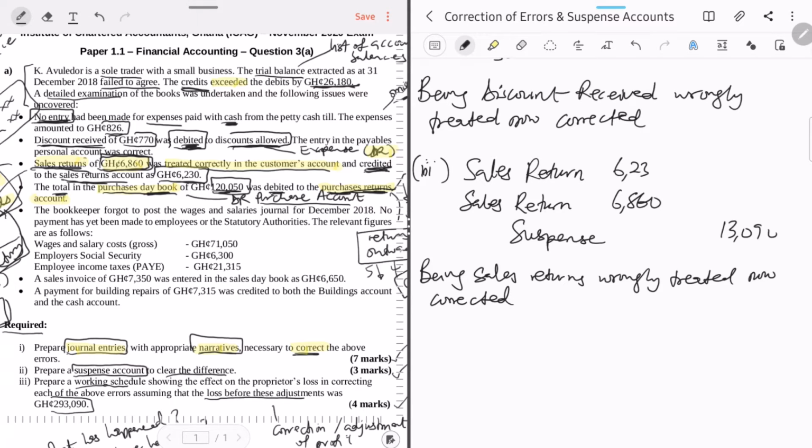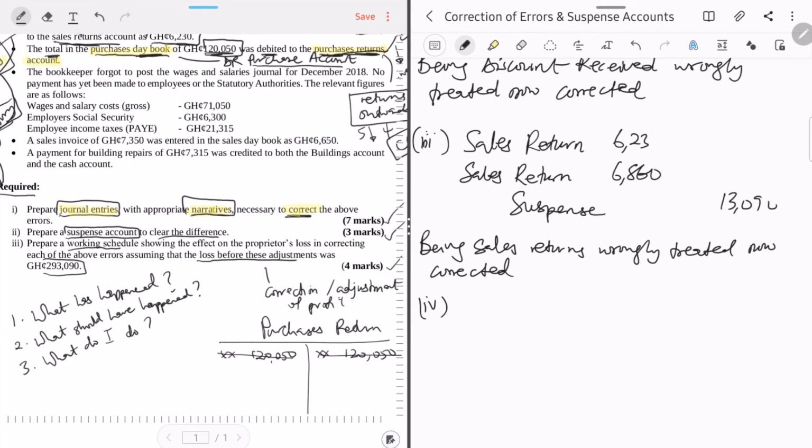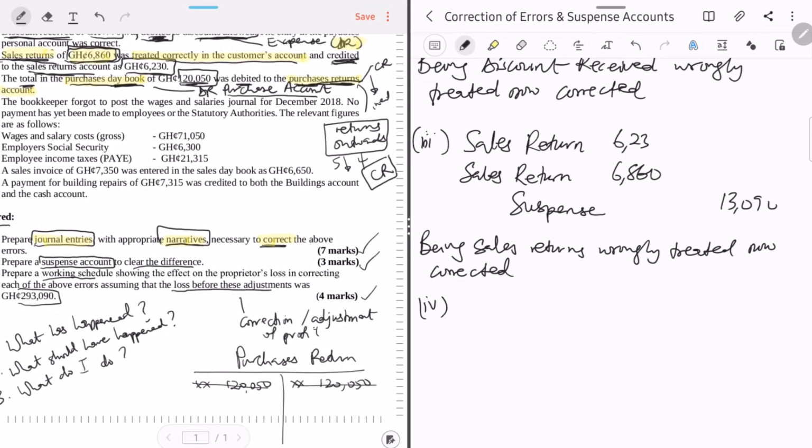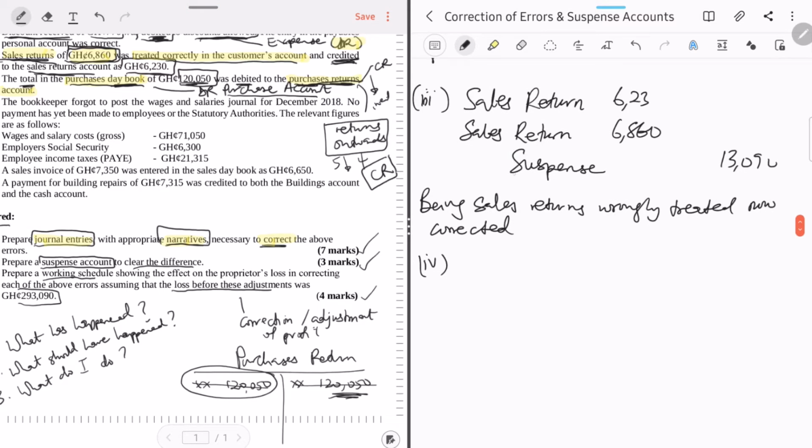All right. So let's come back to what we're doing, the one on purchases. Like I said, right here, it said it was debited. So all we did here was enter this figure on the credit side to cancel it off. So I come here, as usual, I try to indent, following this line here.